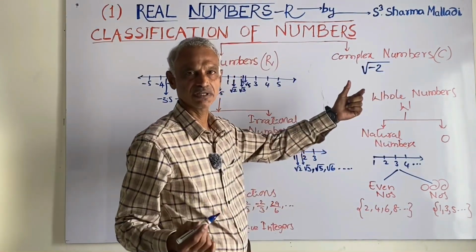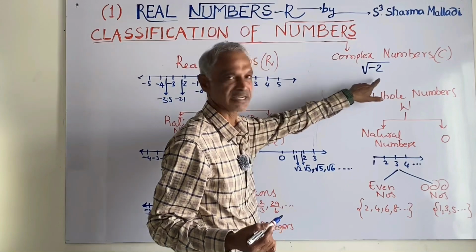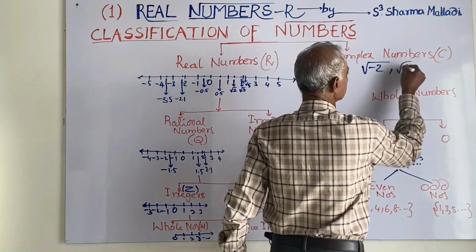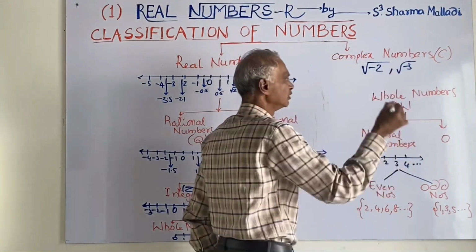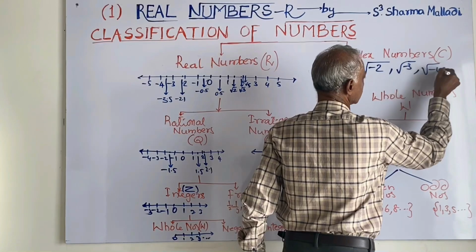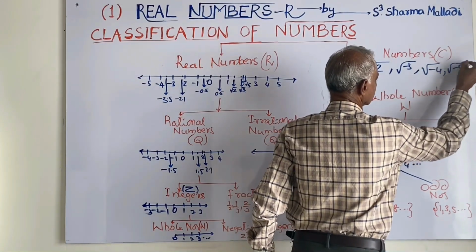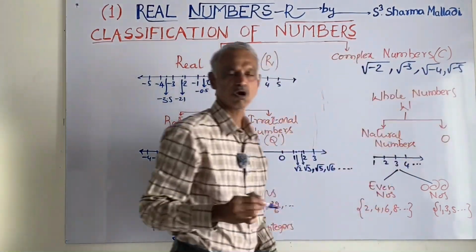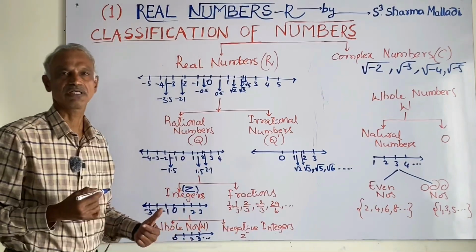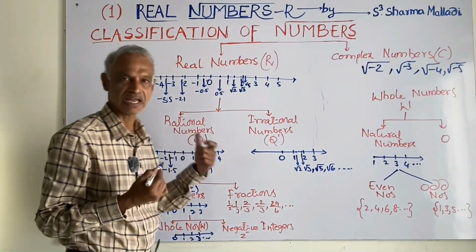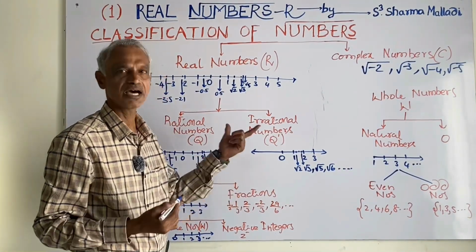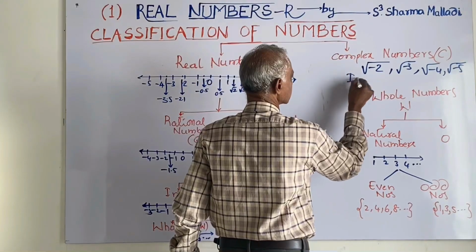It is very difficult to find the value of root of minus 2. Root of minus 3, root of minus 4, root of minus 5: these are all complex numbers. It is very difficult to find the values. They are undefined. They are called imaginary numbers.